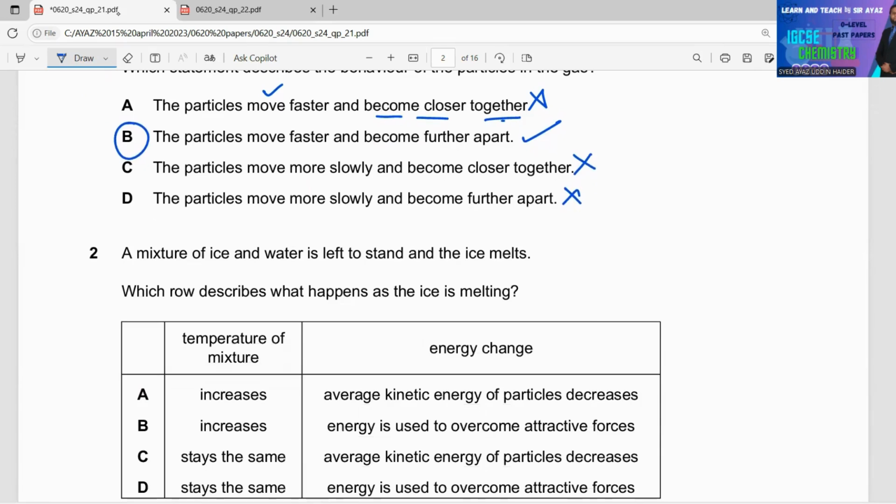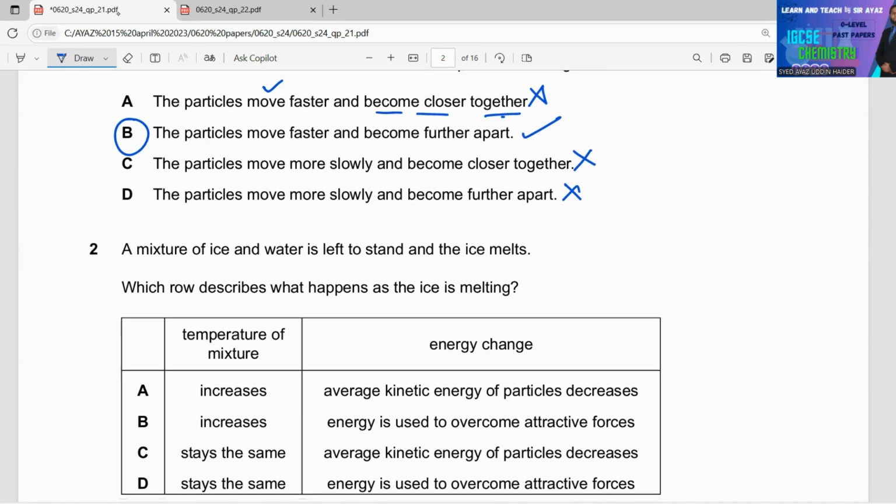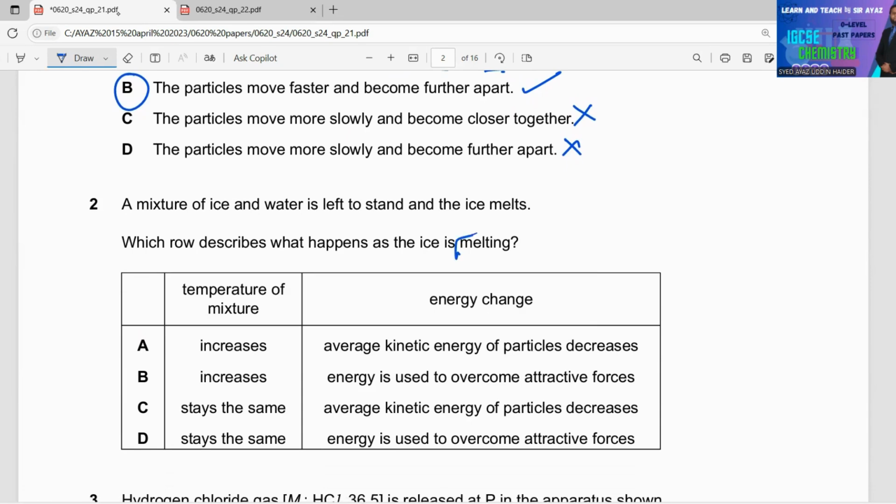Number 2. A mixture of ice and water is left to stand and the ice melts. Which row describes what happens as the ice is melting? Now, the process of melting continues. They are not saying melted, it's melting. So, definitely the temperature of the mixture stays the same.